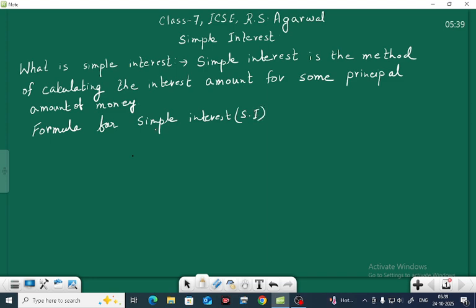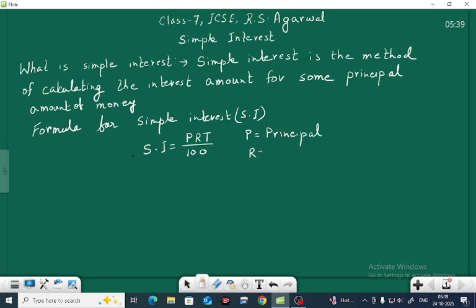SI is equal to PRT by 100. What is P? P is known as the principal.